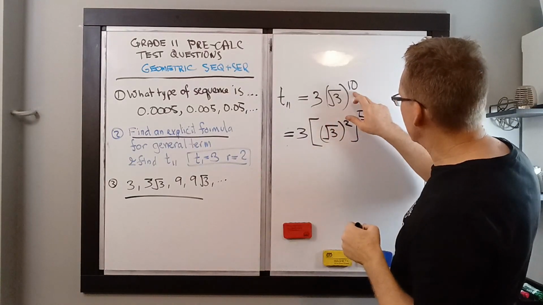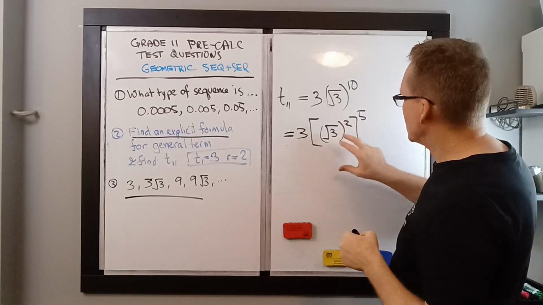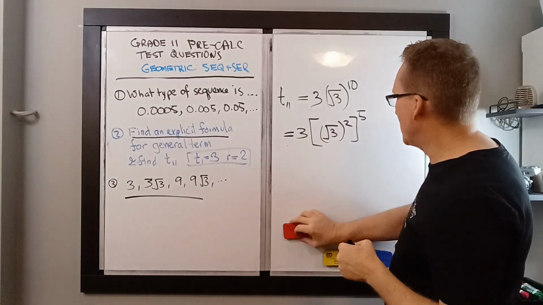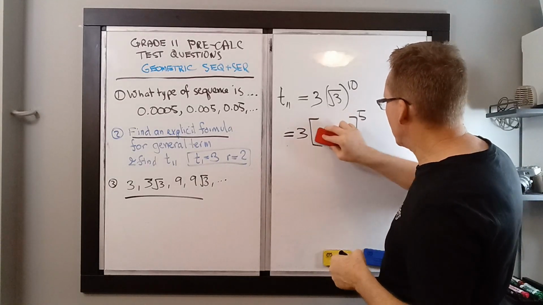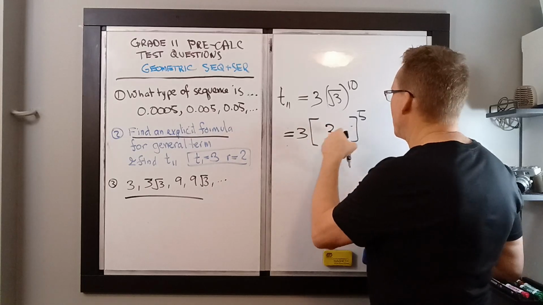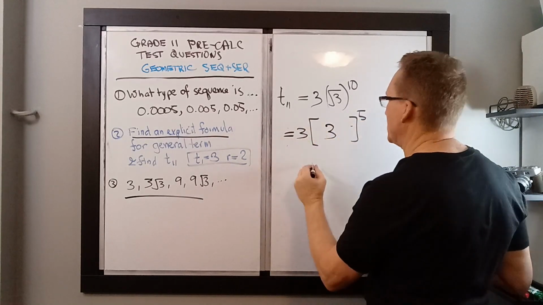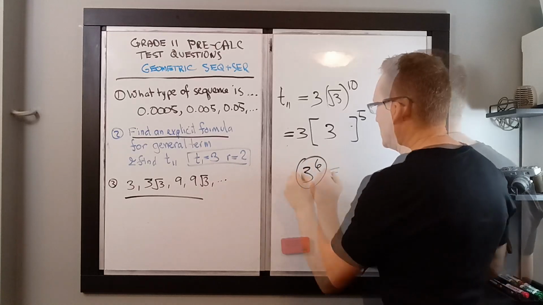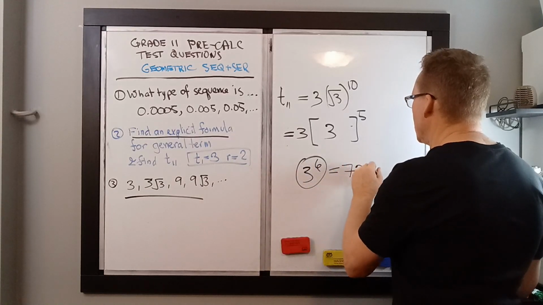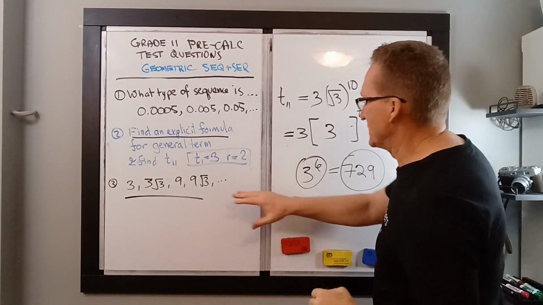These two would be to the 10th. I took the square root, I squared it, so I get rid of that. I just simply have a 3. So I've reduced this number on the outside here. So it's 3 times 3 to the 5. Well, we could pull this in here, make this 3 to the 6. I am getting 729. There's your answer for the third one.